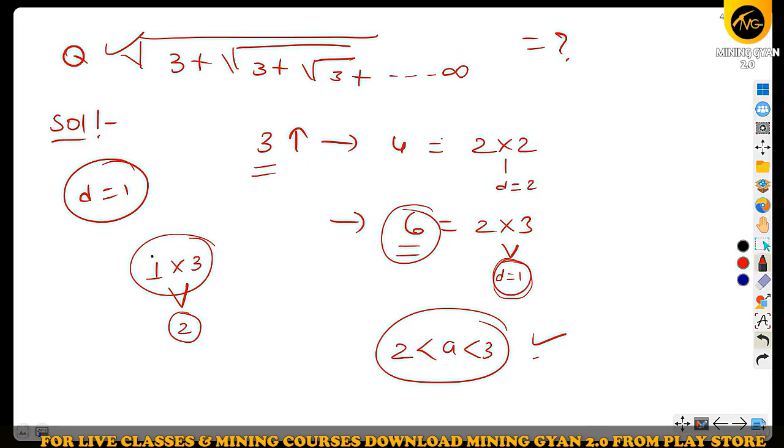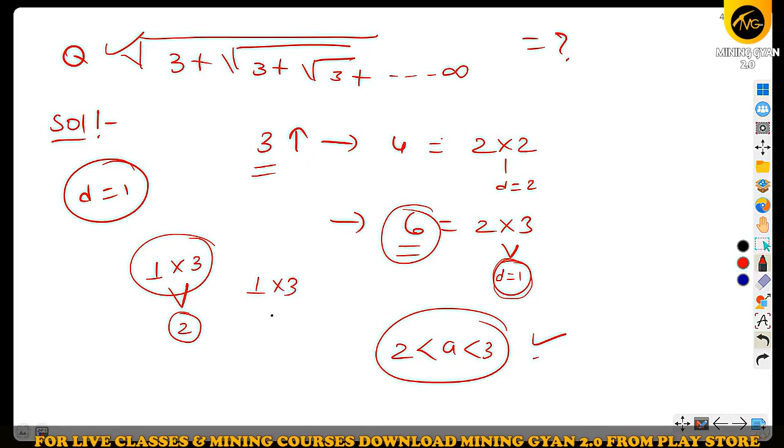If the difference between the factors is bigger than 1, then we cannot use those factors in this case. So the difference will be just 1, not greater than 1. If you use 1 into 3, the difference will be 2.